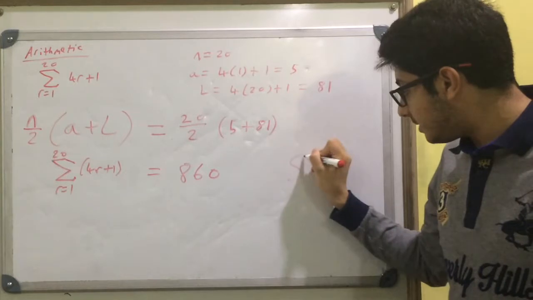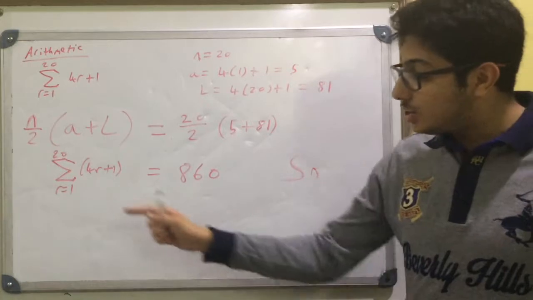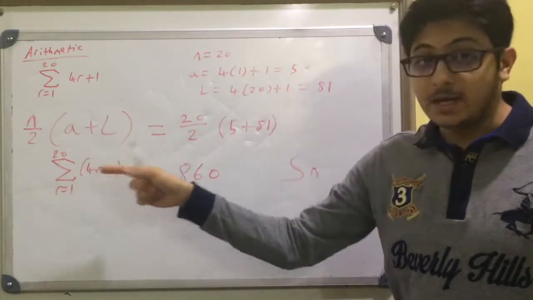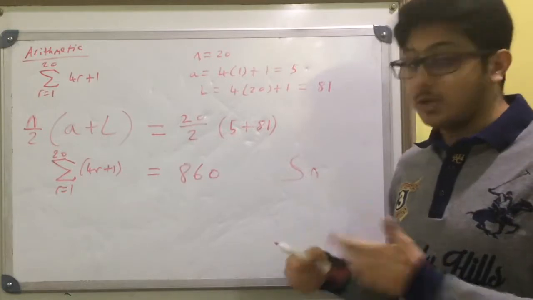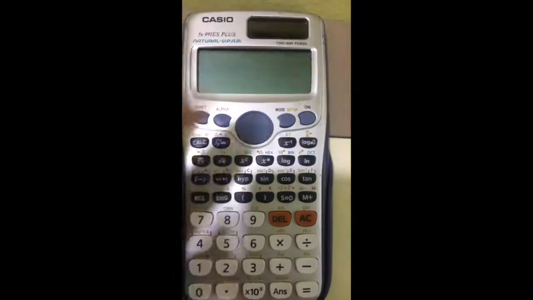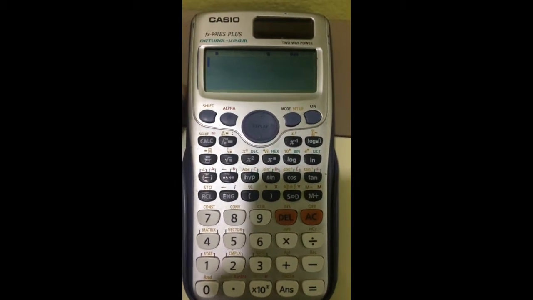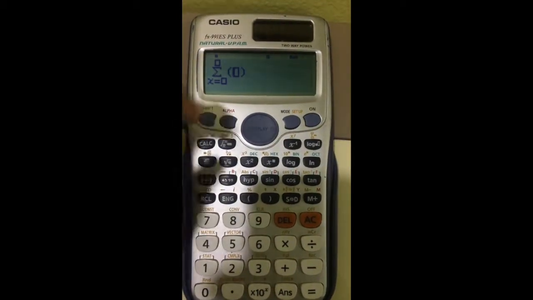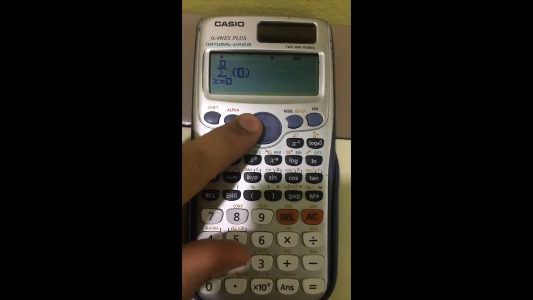In fact, your calculator actually has the sigma function in it, and you can use it to check your answer. I'll show you right now. Let me turn it on. Okay, so if you press Shift, then you go here. If your calculator is like mine, it has the sigma function. So what was it?